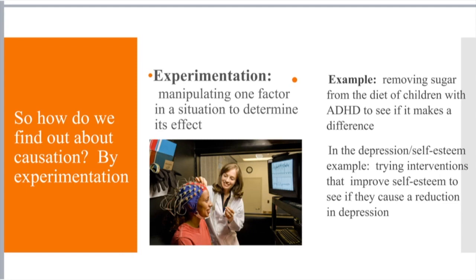We're going to look at this particular example throughout today and tomorrow's lesson, so just keep that in mind. We can pull kids who have diagnosed ADHD, we can pull kids who do not have ADHD, we can give some sugar, we can refrain sugar from some, and we can observe.